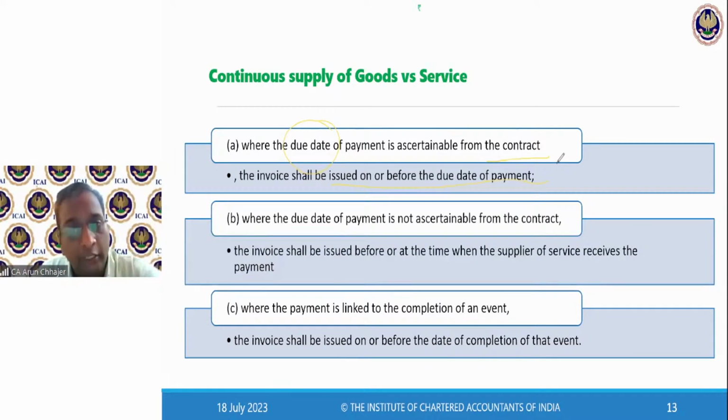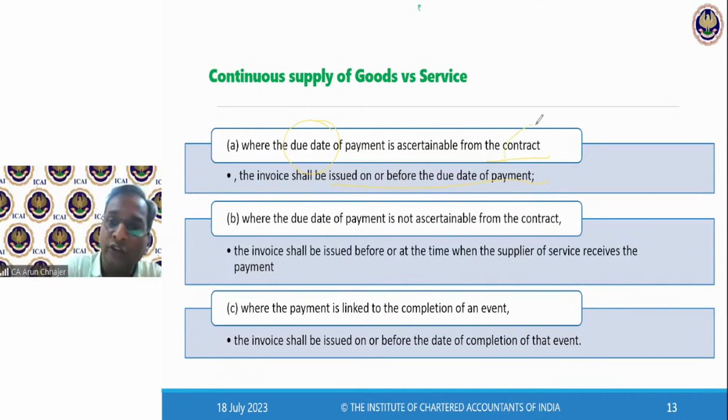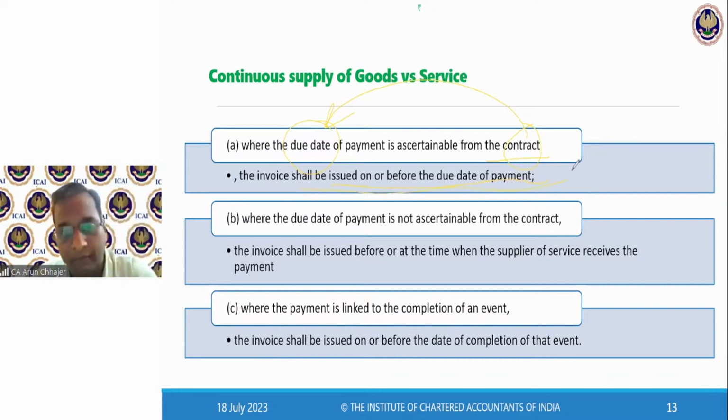See, in case of the continuous supply of service, everything is linked to the payment. If according to the contract you can decide the due date, then invoice shall be issued on or before the due date of the payment. If due date is not ascertainable, then on actual payment, when payment is being received by the supplier.